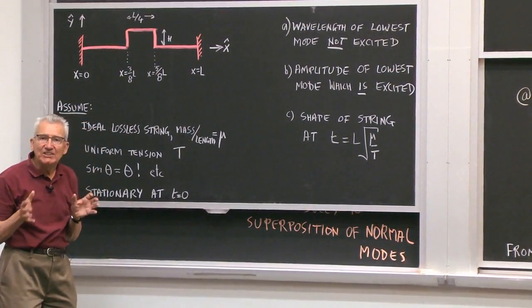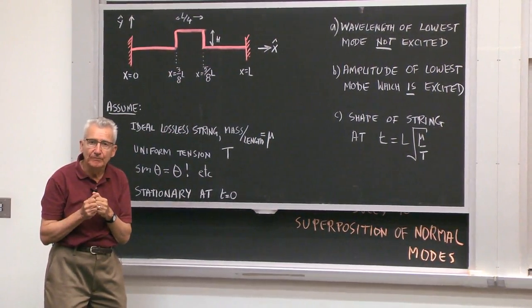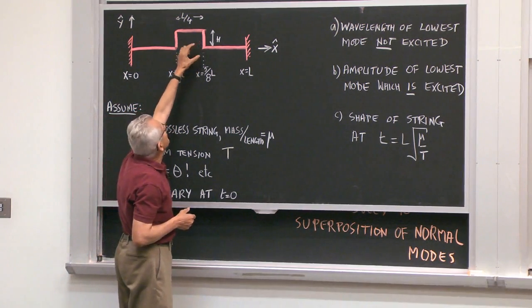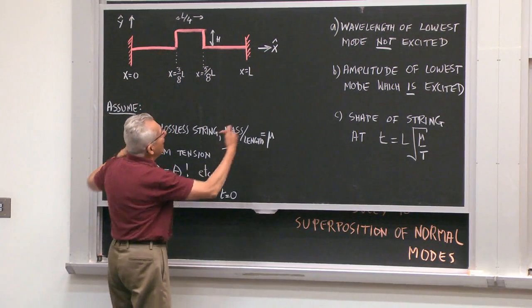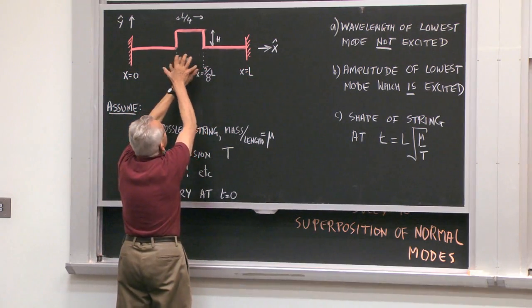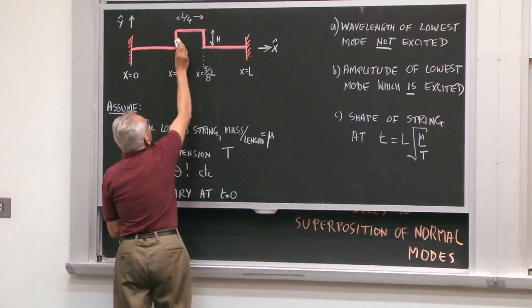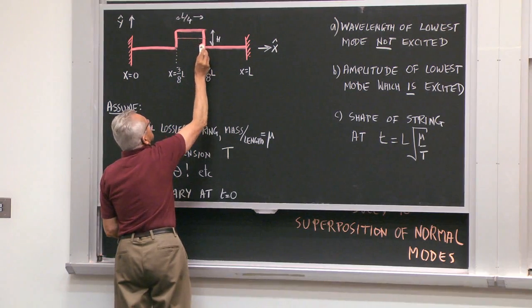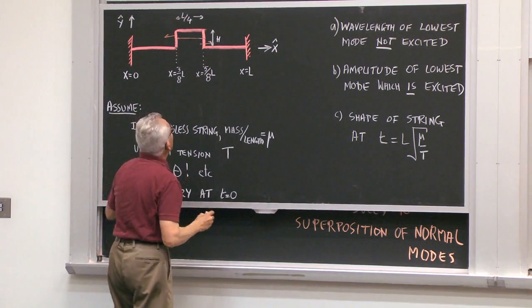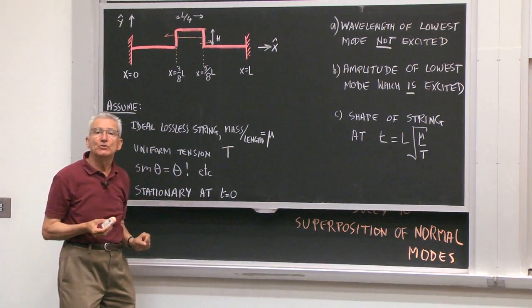So I could imagine this solution being the superposition of two progressive waves that look like this but with half the amplitude, one moving to the left and one moving to the right. As they overlap, in other words, I have two waves, one like this moving to the right and one like this moving to the left. If I add them, I'll get this distortion, which is stationary.